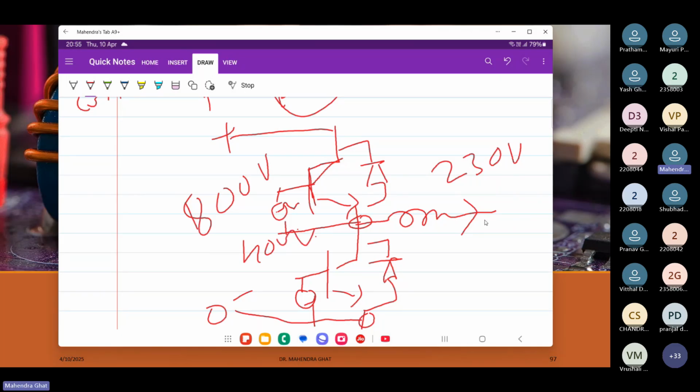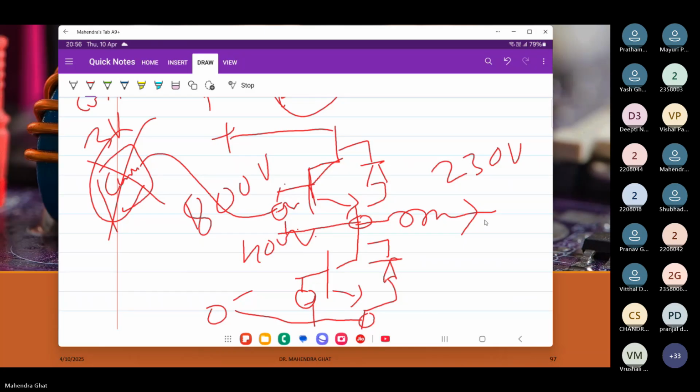And this is sitting on 400 volt, while your controller, where you are generating the gate signal, has a power supply of only 3 volt. If I connect this directly, it will blast your controller board. So we cannot give the gate signal directly from the controller to the high voltage side.